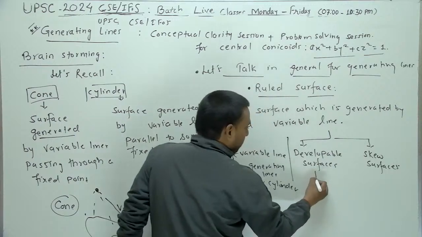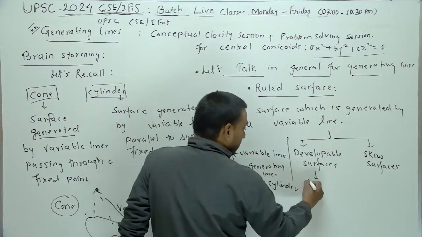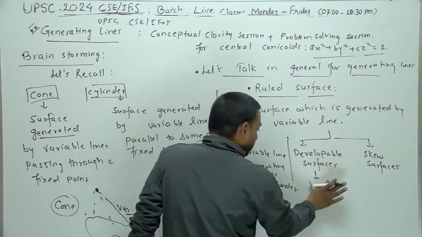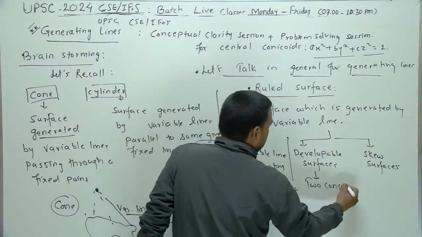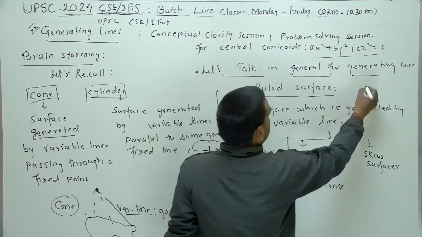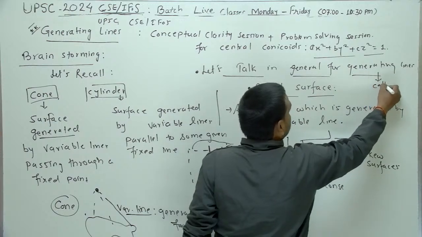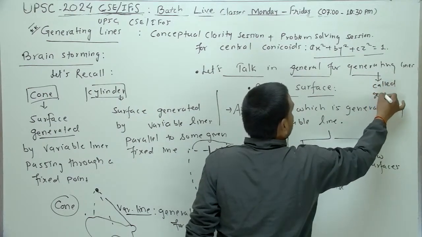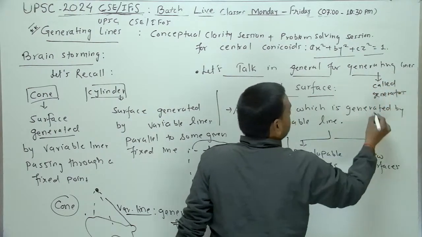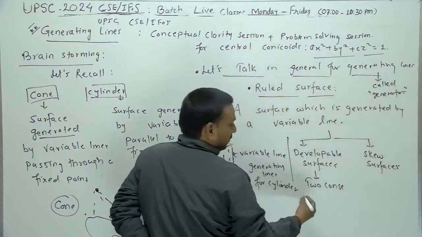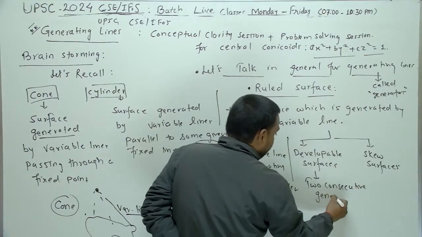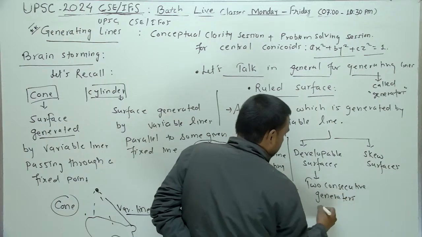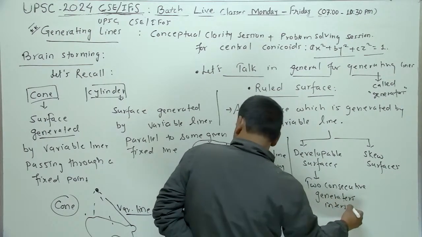So what are the developable surfaces? Two consecutive generators, अच्छा, ये जो जनरेटिंग लाइंस होते हैं, these are called generators. Two consecutive generators intersect.